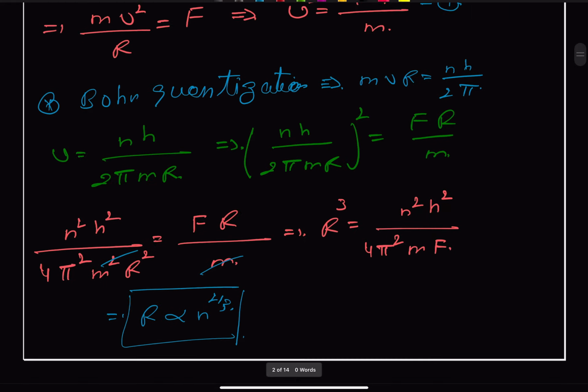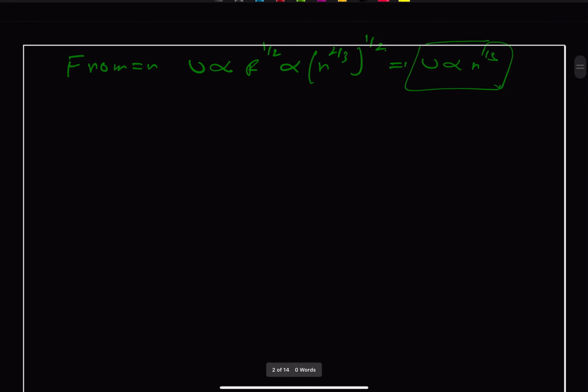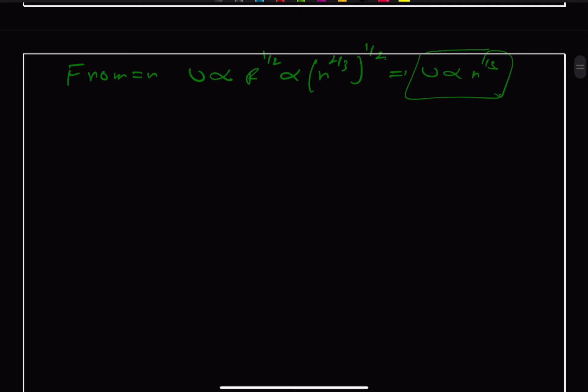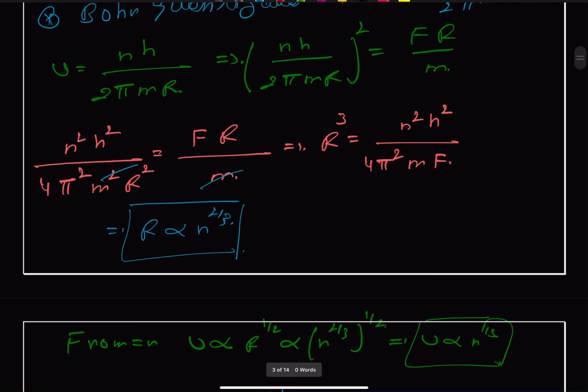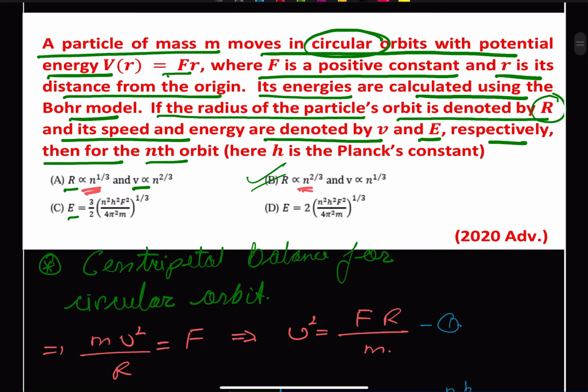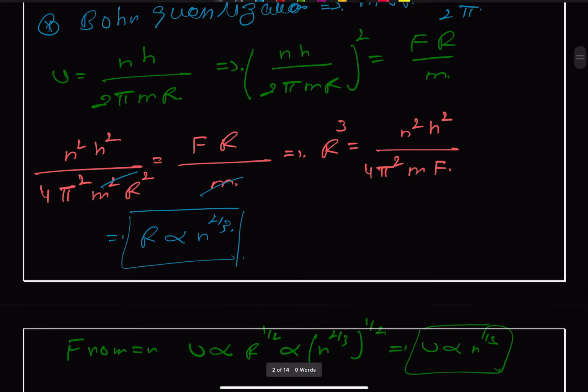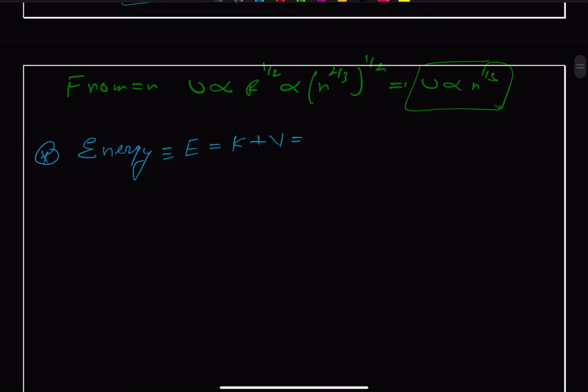Now we can find out our energy, and for energy we can say that energy E will be equal to K plus V. K is our kinetic energy, and V is given to us as F times R. Therefore, this will be equal to half F times R plus FR.